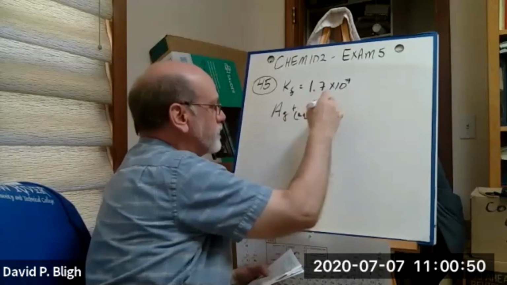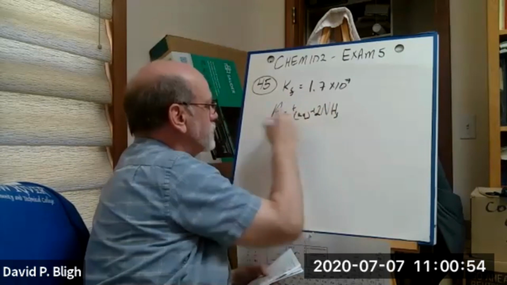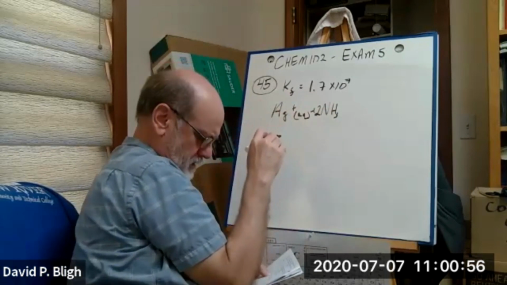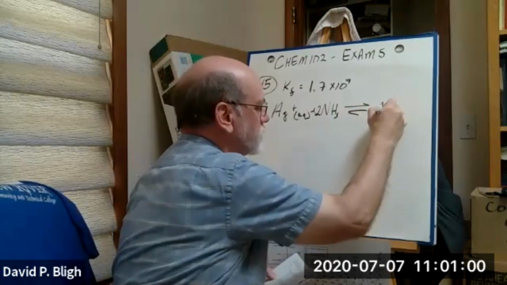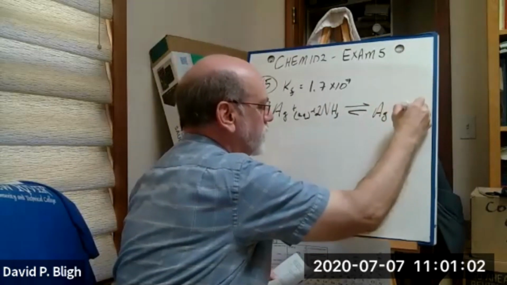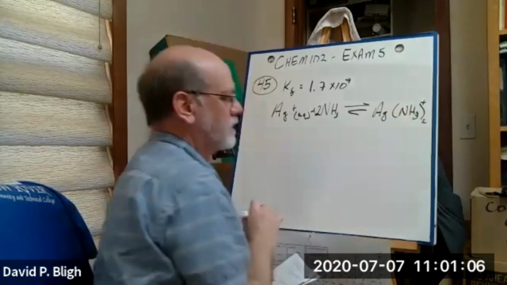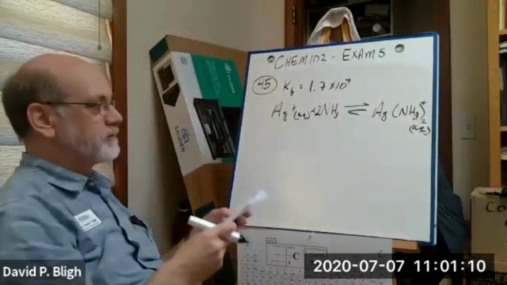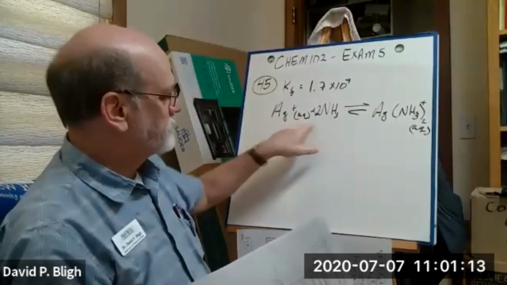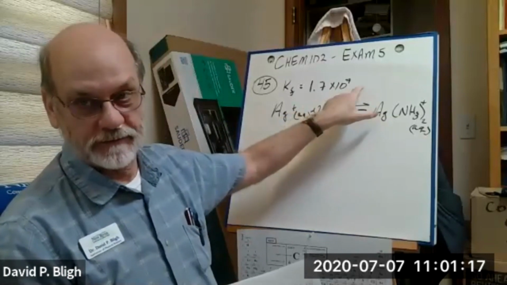So we need 2 of them. Yeah, that's right. And that yields this complex ion. There we go. And everything's still in solution. But what this tells us is that it is favored by a huge amount.